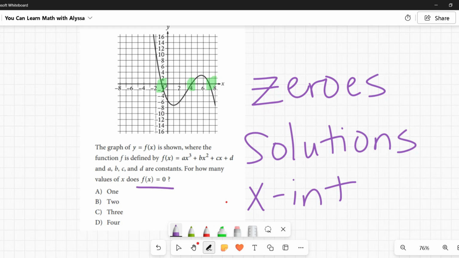These all mean the same thing. They like to use all of these interchangeably. If you're either given the graph or you're allowed to graph it, it just means how many times do you see it cross or touch. It can just touch, that also counts. Cross or just touch the x-axis. That's what they're asking. Here it is 3 times. My answer is C, 3.